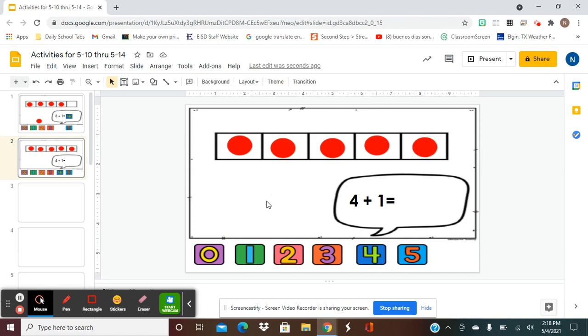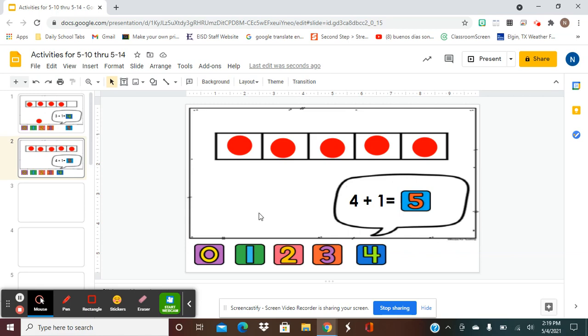So let's count them all together. 1, 2, 3, 4, and 5. So I'm going to look for 5 over here. And this is number 5. So I'm going to pull it up here to my addition sentence. And now together we're going to read this addition sentence. 4 plus 1 equals 5. Good job. That's our answer.